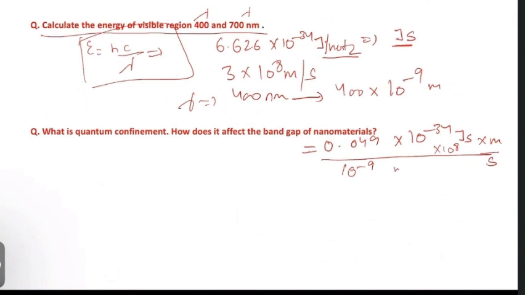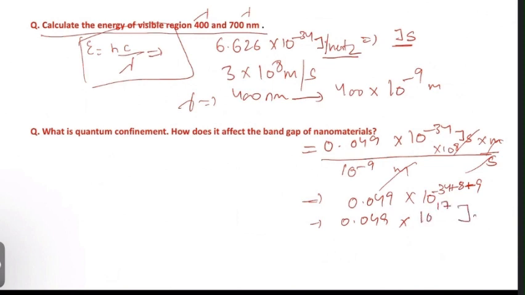So meter will get cancelled, seconds will get cancelled. 0.049 times 10 raised to power minus 34 plus 8 plus 9. I hope everybody is following the solution. 10 raised to power minus 17 joule.